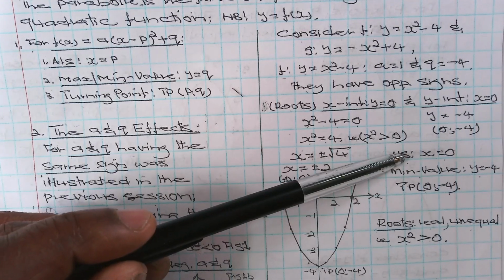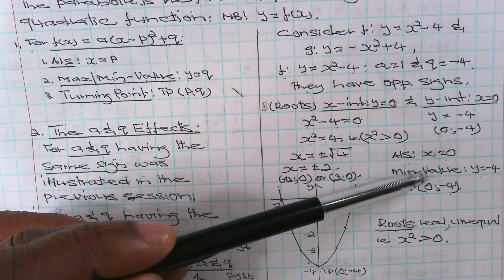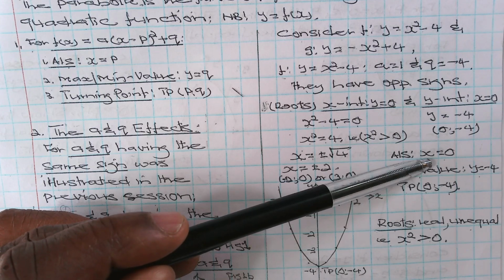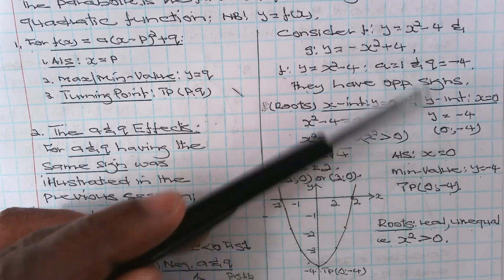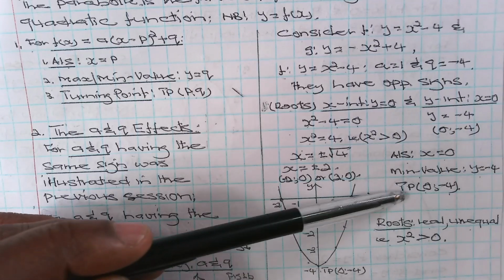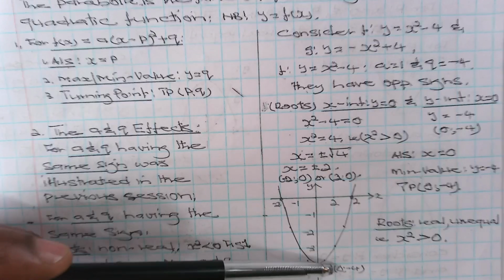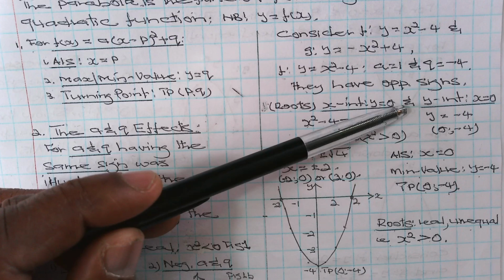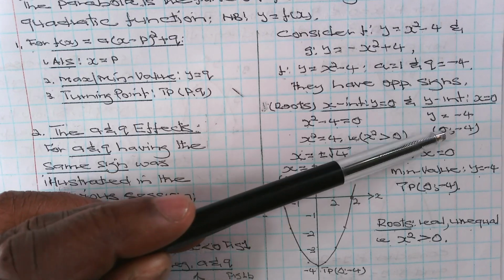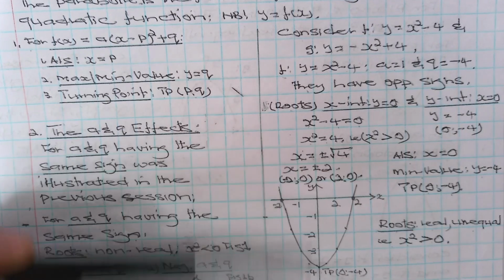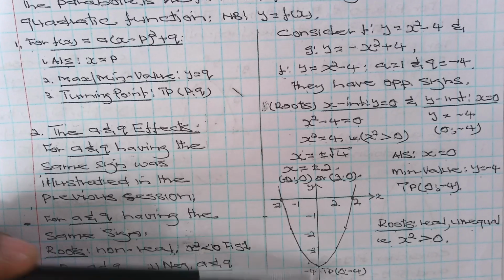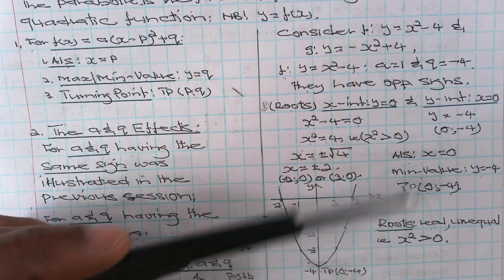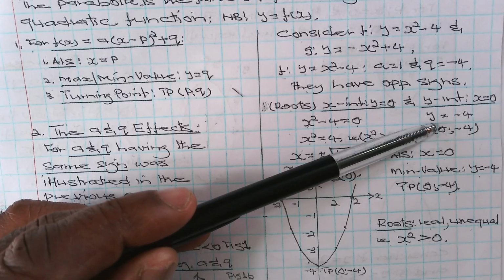Therefore, the axis of symmetry at this stage is still the y-axis where x is 0 and the minimum value is negative 4. Therefore, the turning point is 0 and negative 4. The y-intercept will be negative 4. If the axis of symmetry is lying on the y-axis, the minimum value and the y-intercept will share the same spot.